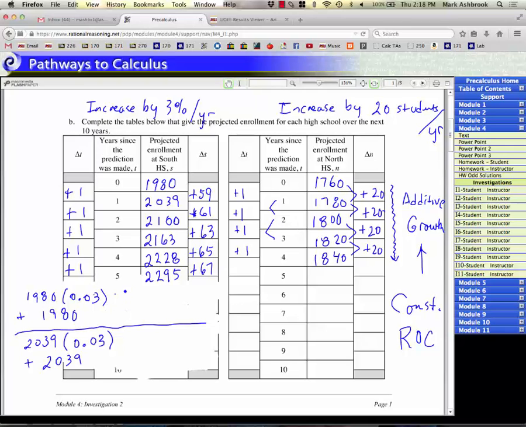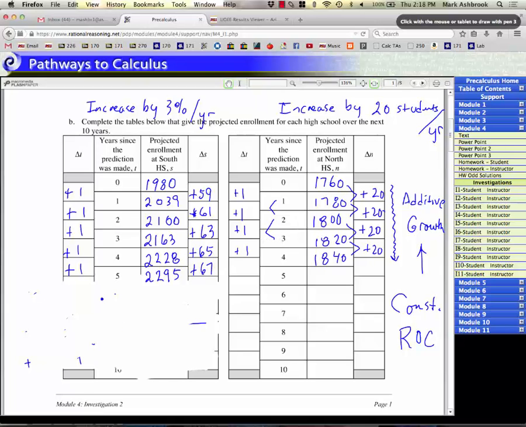But let's take a look at something here. So this right here, this 1980, or let's just do the second one. Or any one of them, right? Any one of the outputs, you could go through that process of what? Multiplying by 0.03 and then adding what you had. So let's just take the 2100.